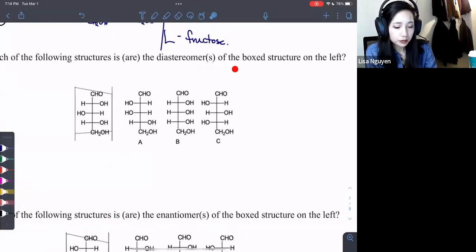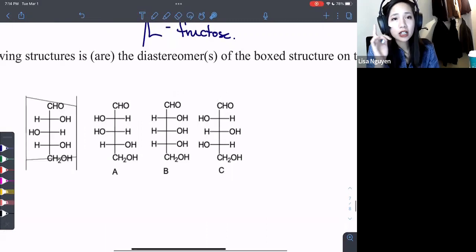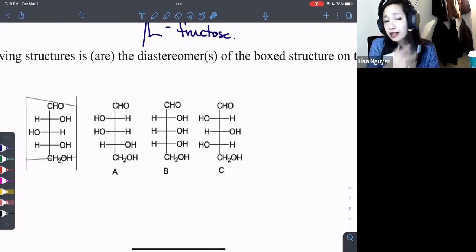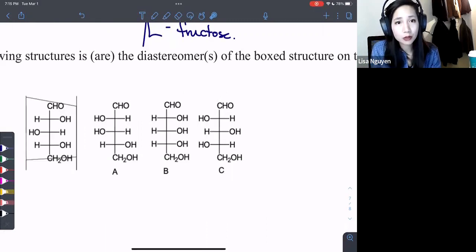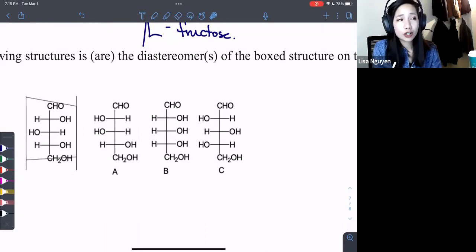On that same vein, the D and L isomers of fructose, for example, are perfect mirror images of one another. So we call those enantiomers, just like the enantiomers we talked about in chapter 4. Then we introduce this new term, diastereomer. It's kind of like a mirror image, but not completely. A diastereomer is an incomplete mirror image where only some of the OH groups are flipped.